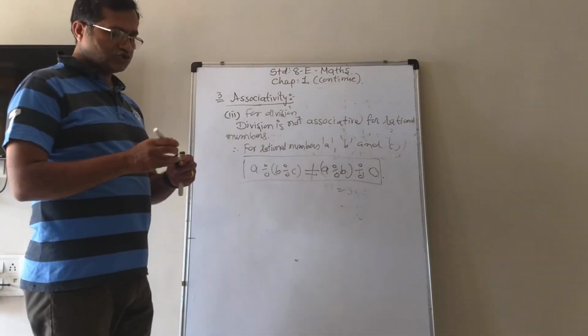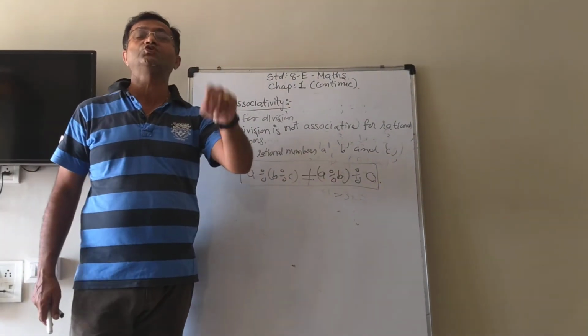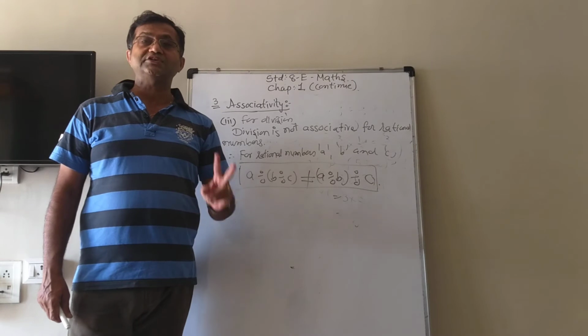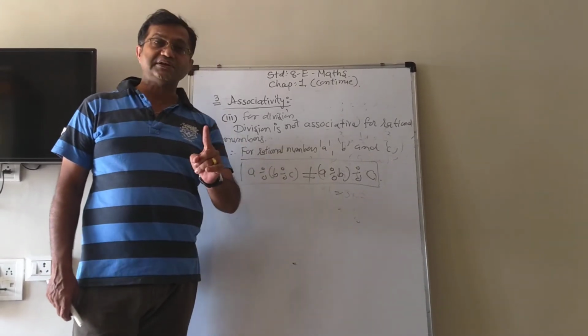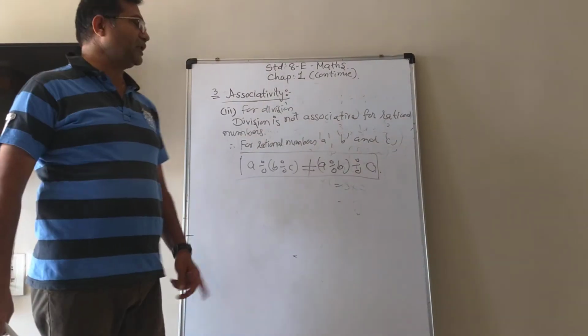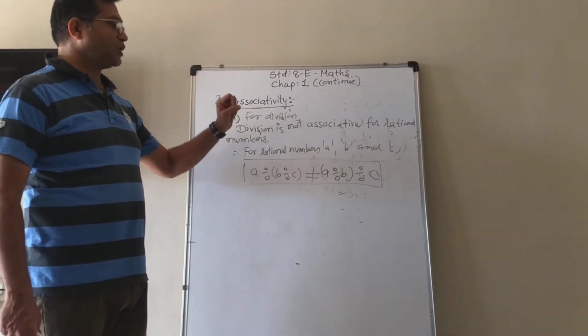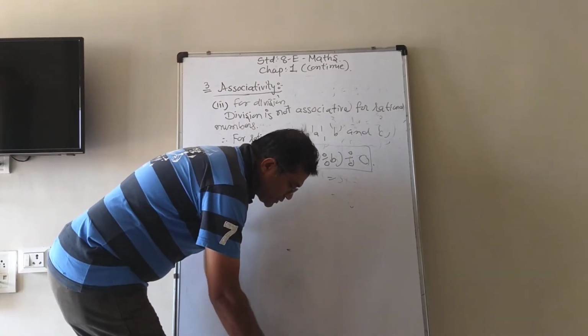So we showed that the associativity holds only for two operations, addition and multiplication, and it is not possible for the operations of subtraction and division.